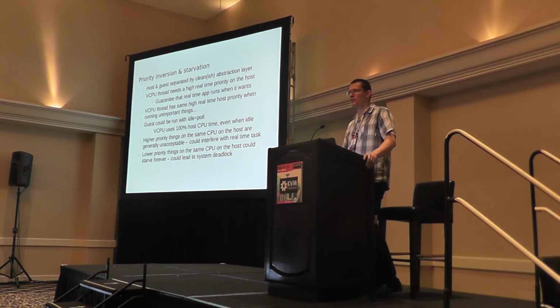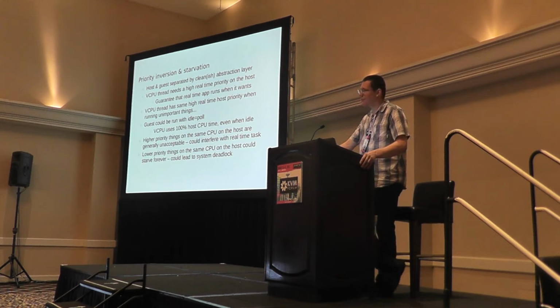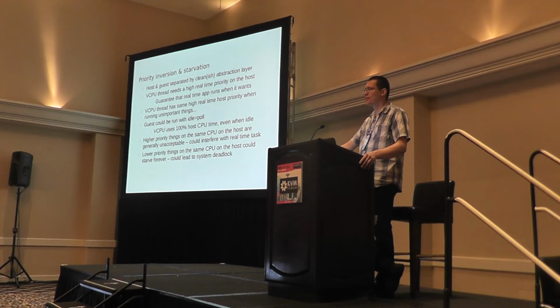But if the host does not know that, there's just nothing we can do to help one program release a lock that a higher priority program needs. And the vCPUs always have the same priority. We have no idea whether a vCPU is running something important, or even if the vCPU is idle, if we're running with idle poll.